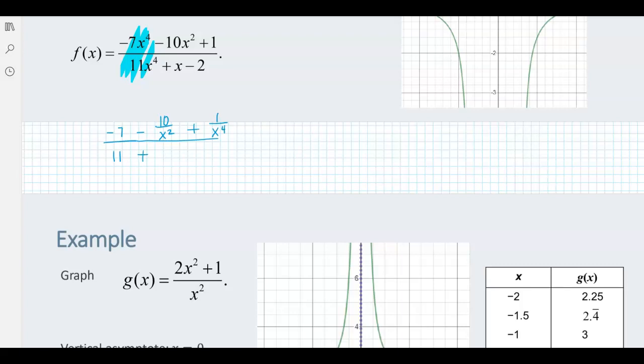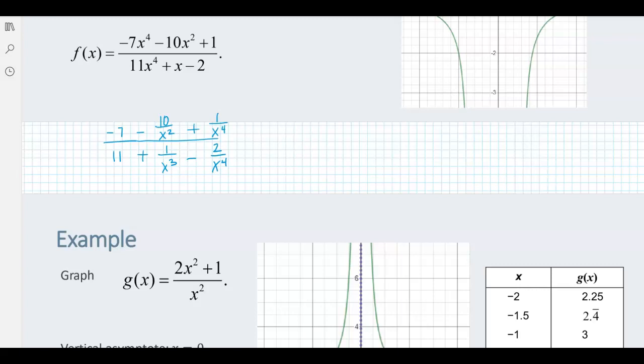This would be 1. So what I've done is I've taken all of the terms in the original and divided each of them by x to the 4th power, because that's the highest power that I have in both numerator and denominator.